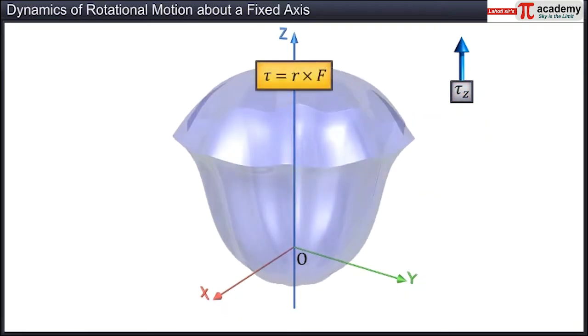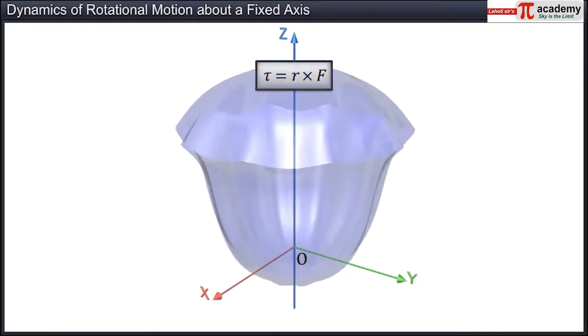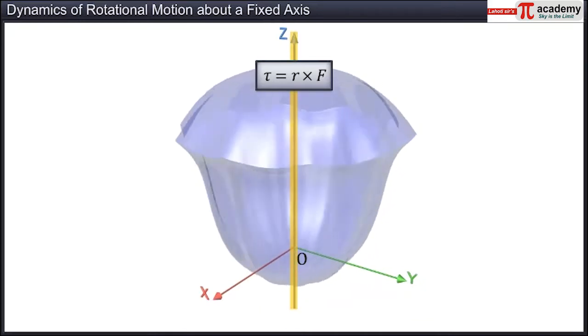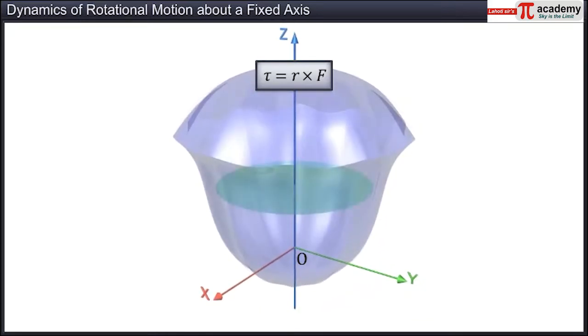We know that torque tau is equal to r cross F. Thus, the torque acting along the axis of rotation must be perpendicular to the plane containing the position vector and force.